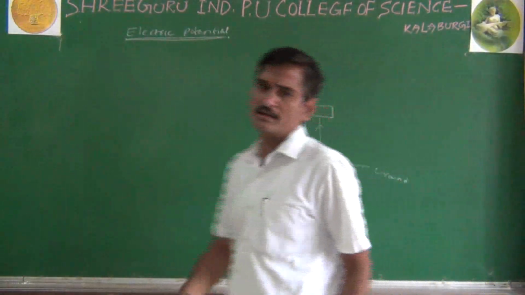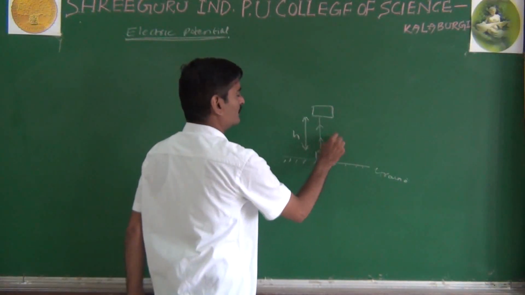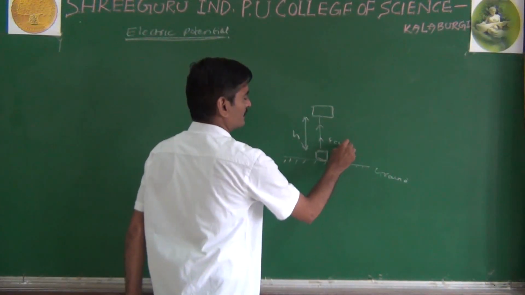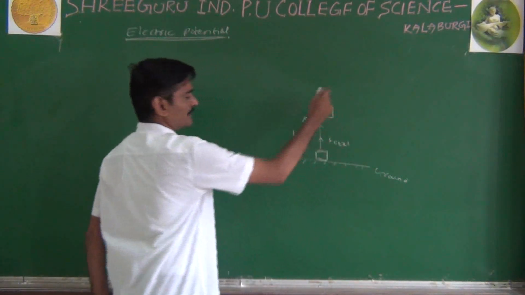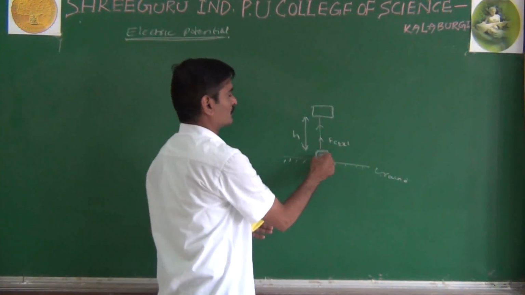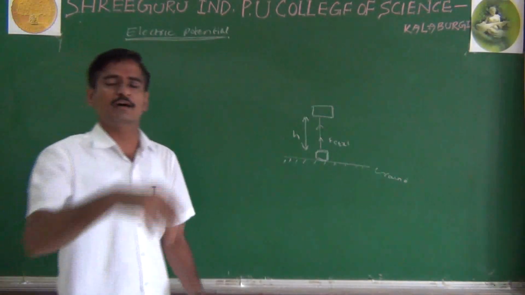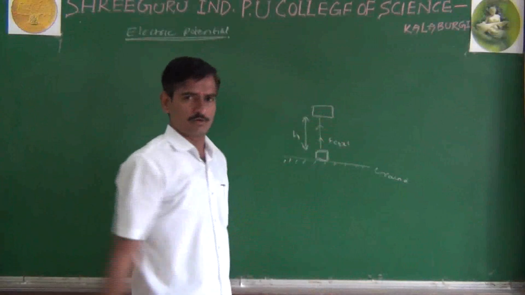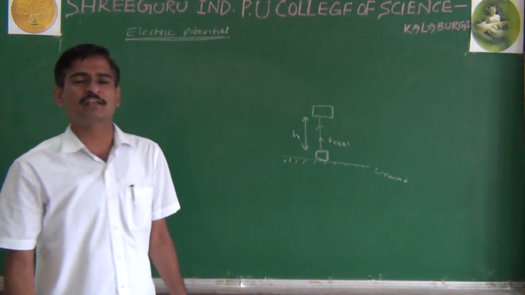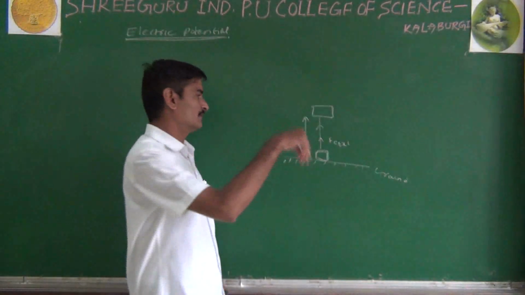For this work, we have to apply an external force in the upward direction, equal and opposite to the gravitational force, which is downward and is nothing but the weight of the object.